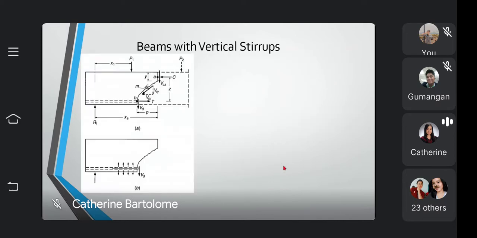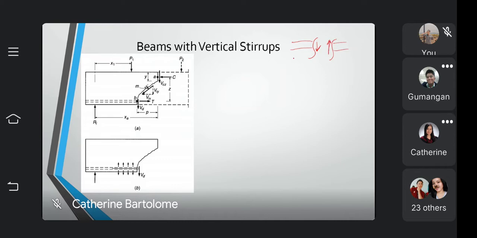Okay, so let's analyze more the beams with vertical stirrups. Okay, kapag nag-break ang isang member, diba ang beam, may lalabas na internal forces, shear, right?